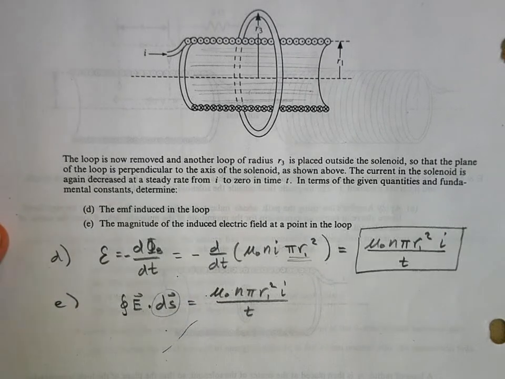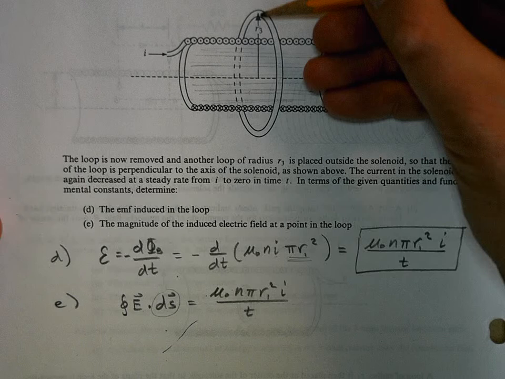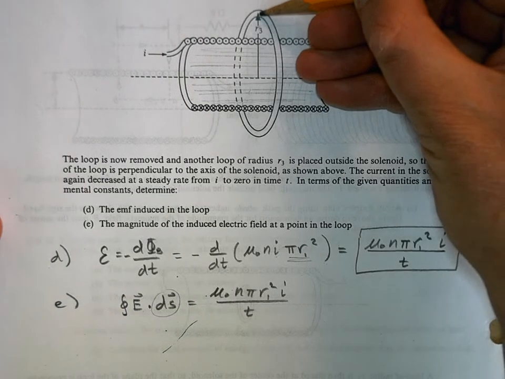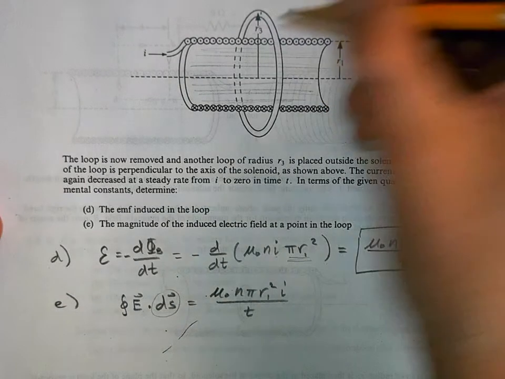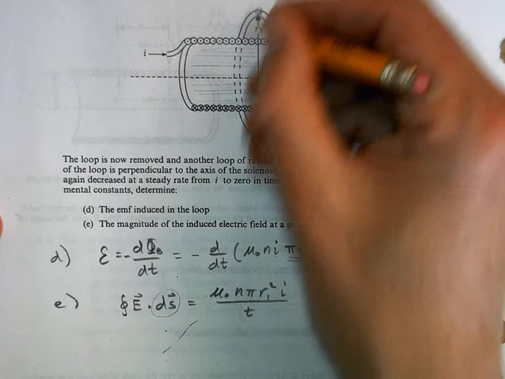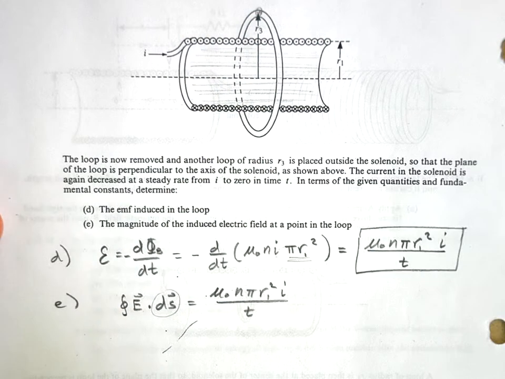Yeah, where the charge is feeling the force. Where is the charge feeling the force? In this loop right here. That's where the little charges are. They're getting pushed around in there.